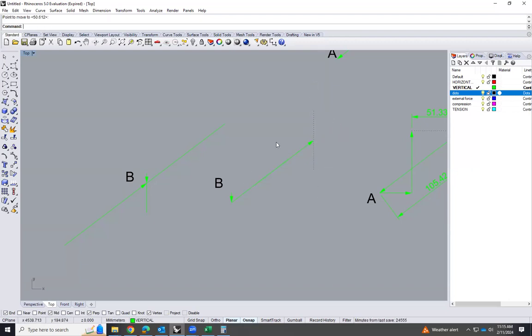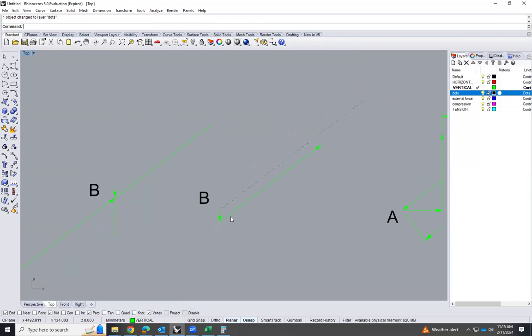But the other one has to be a force that ends up at point B, and I know the direction. So I can copy this direction, and I'm going to make it a dot line.